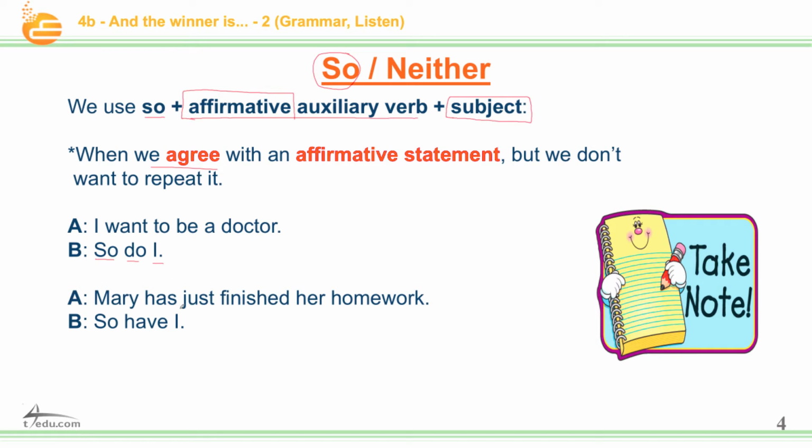Mary has just finished her homework. So have I. So, affirmative auxiliary verb, not having, then I, the subject. Okay? Hope you got it.